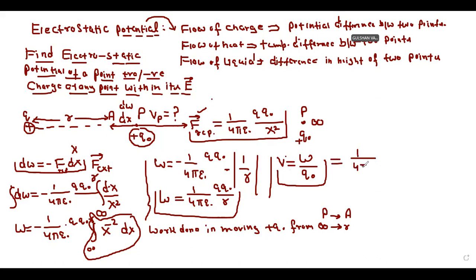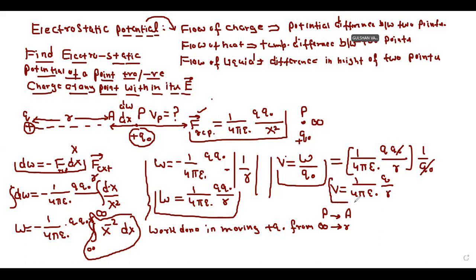We will get 1 upon 4 pi epsilon naught Q Q naught upon r, and in the denominator I have Q naught, so 1 upon Q naught, so this Q naught is cancelled. So finally V is equal to 1 upon 4 pi epsilon naught Q upon r.